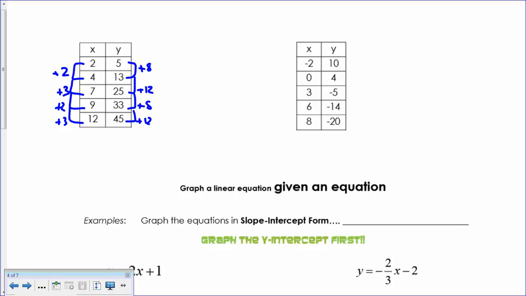So again, we got to go the change in y over the change in x, right? So 8 over 2, because we're doing the first set of changes here. 8 over 2 is what? 4. And 12 over 3 is 4. So what's our slope here? 4.